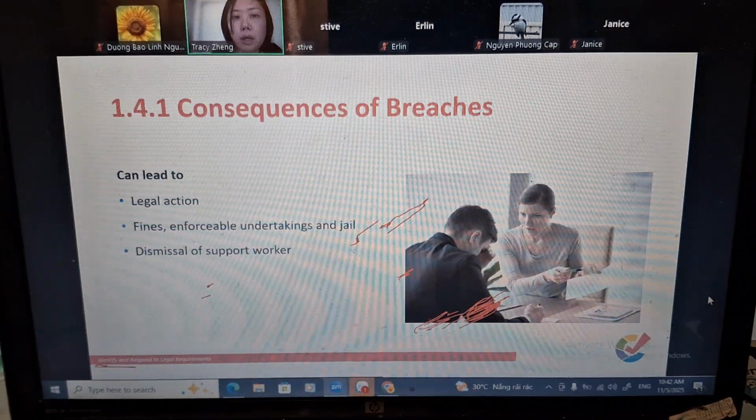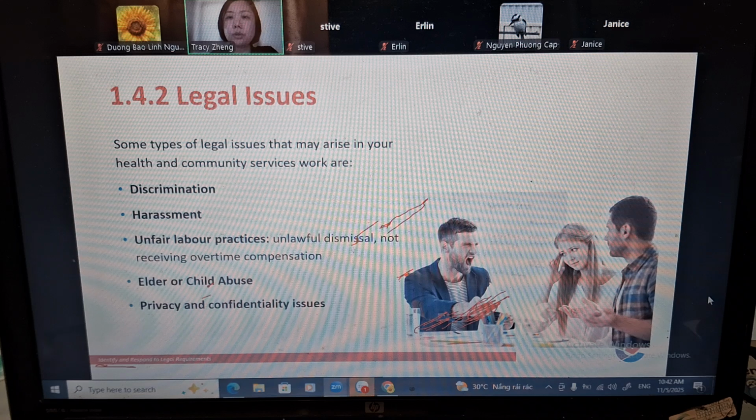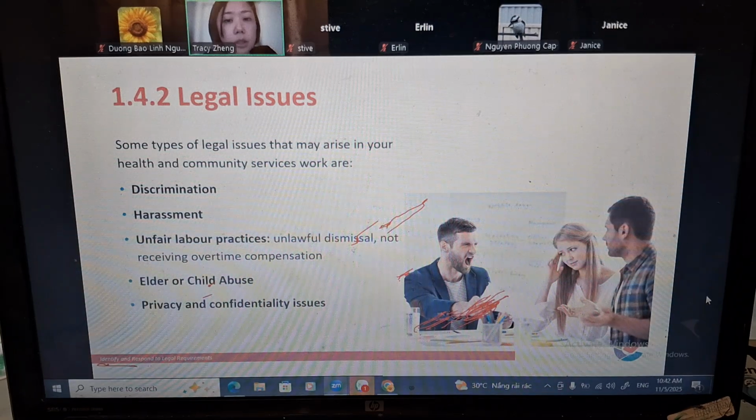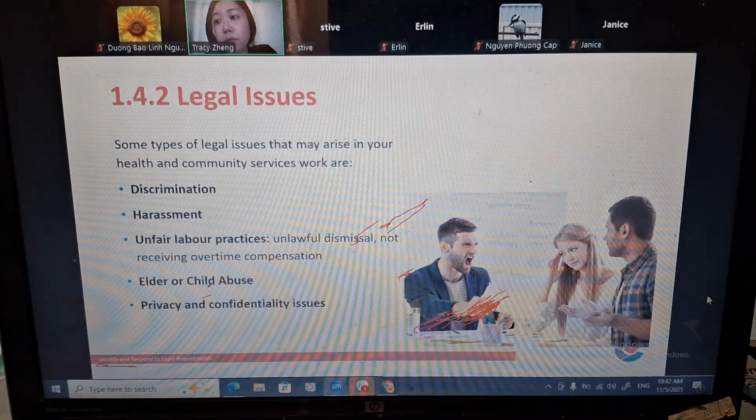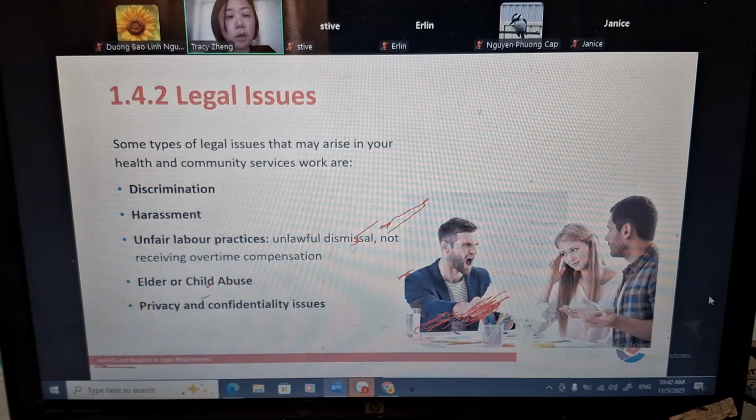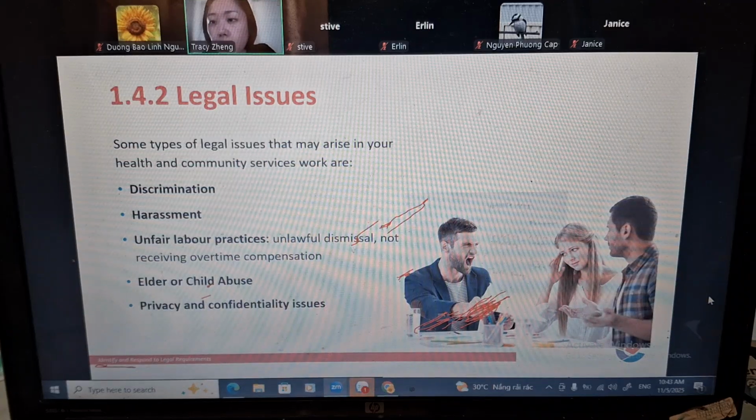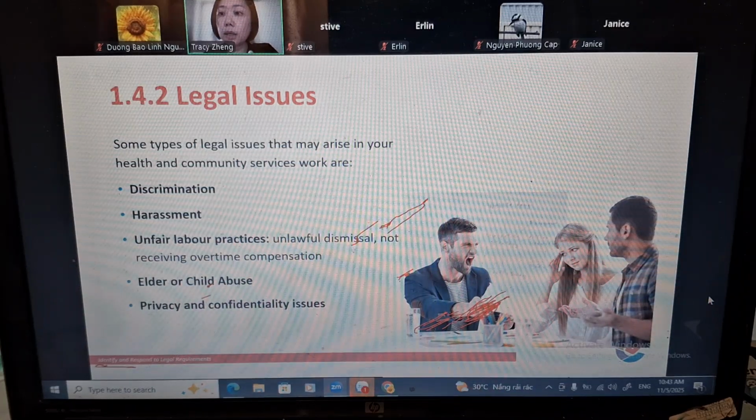Some of the relevant legal issues are related to discrimination. Any form of discrimination would definitely involve legal issues, right? Even workplace bullying or workplace harassment would also be considered a legal issue. There are specific criteria to say that something is workplace bullying.